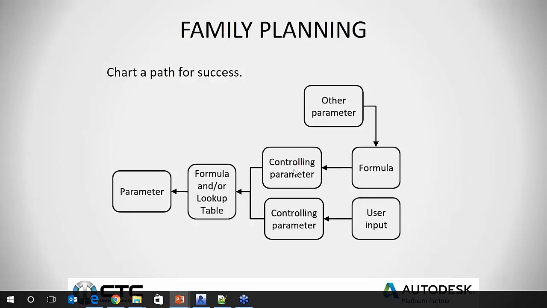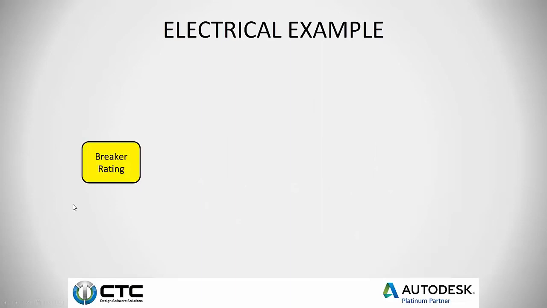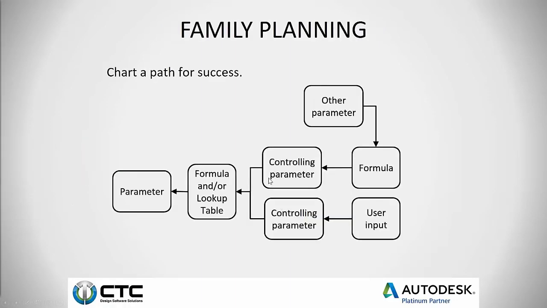And then we have controlling parameters that will be bringing in information into those formulas. So we have additional parameters going into a formula that's going into that parameter that's going into our main parameter. Or we can have user input going into a controlling parameter that's then going into the formula and the parameter.